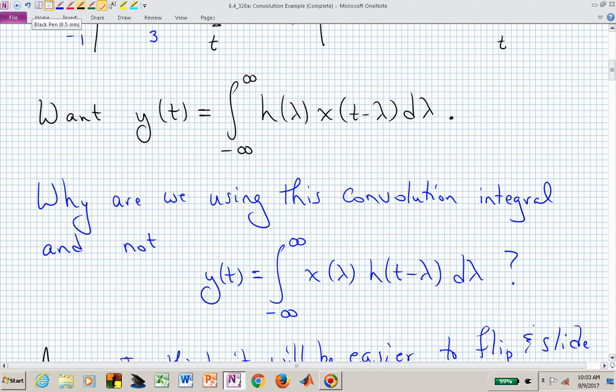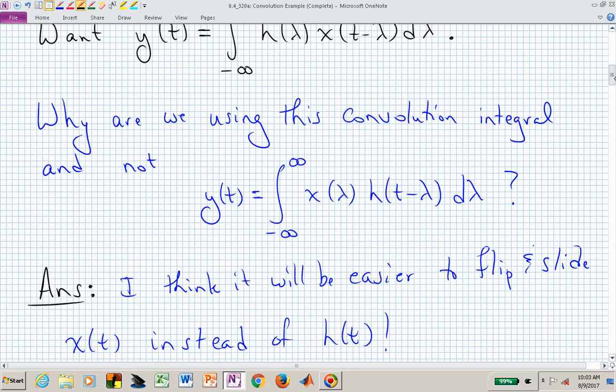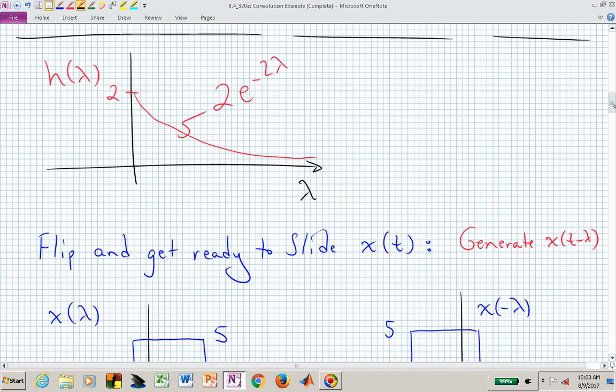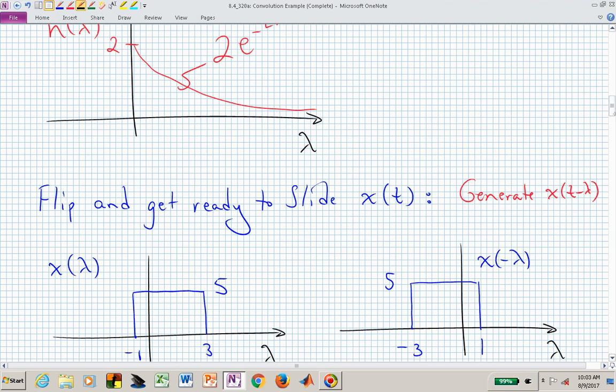That's the end result, which means that we need to plug in different values of t on the right-hand side and see what happens functionally to this product of h of lambda with x of t minus lambda. That's why I'm now talking about these overlap patterns in case h and x share a common interval of support.